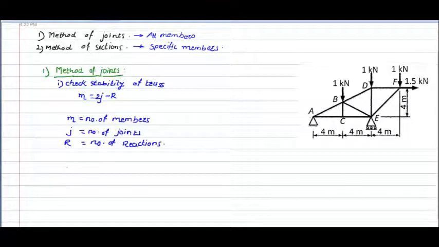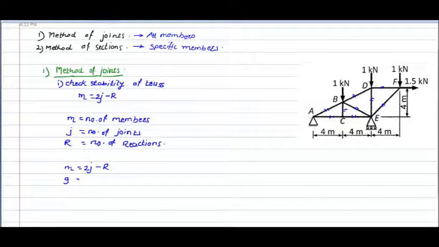The condition is m = 2j - r, that is, the number of members should be equal to 2j - r. Now here the number of members are 1, 2, 3, 4, 5, 6, 7, 8, 9. So altogether there are 9 members.